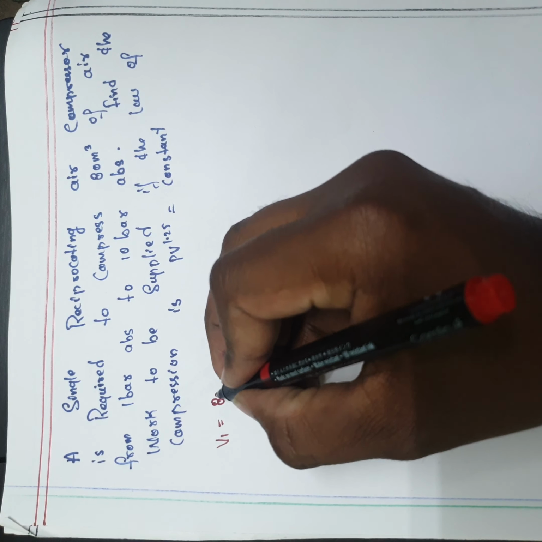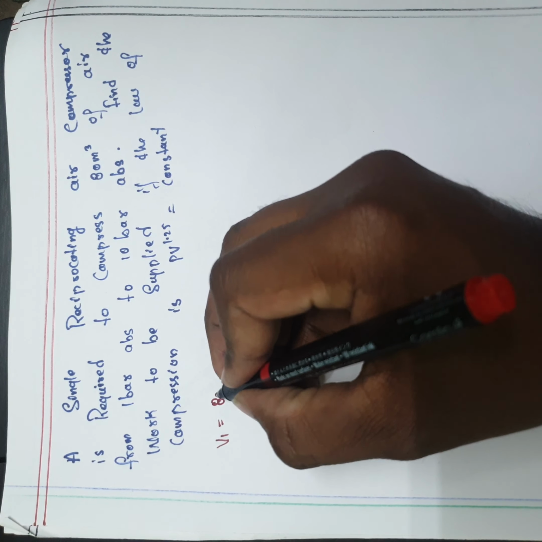As usual, you have to convert 1 bar into 1 into 10 to the power of 5 Newton per meter square. Then this can be written as 100 kilonewton per meter square.